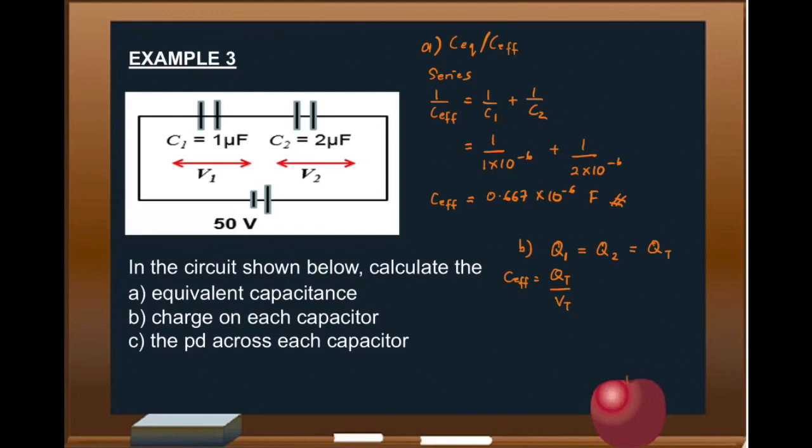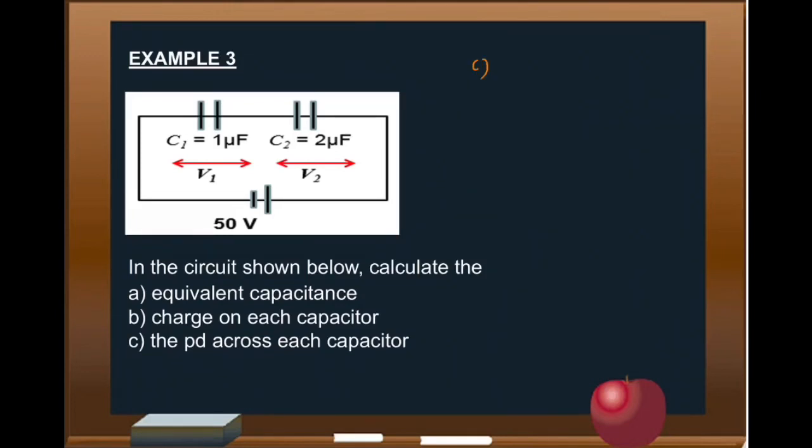So C effective, which is 0.667 times 10 to the power of negative 6, equals QT over VT. VT is given in the question, which is 50 volts, and then you can find QT. You will get the total charge equal to 3.33 times 10 to the power of negative 5 coulomb. And this is also the same value for Q1 and also Q2.